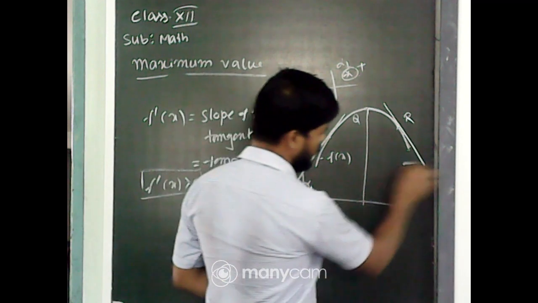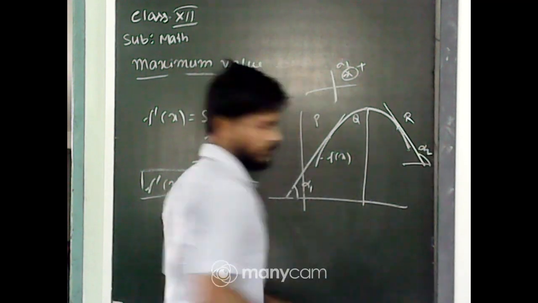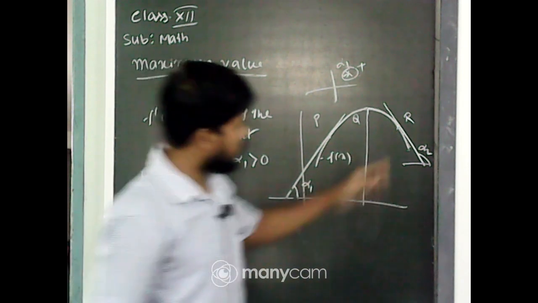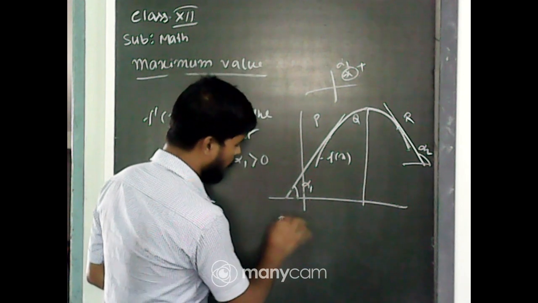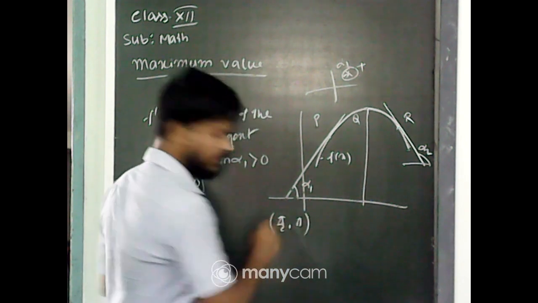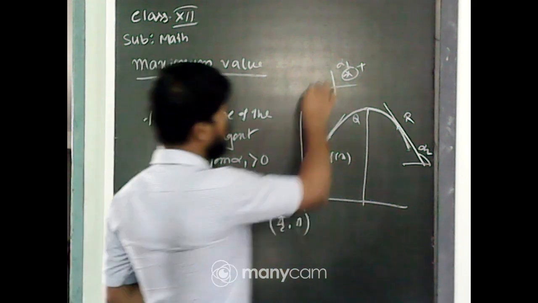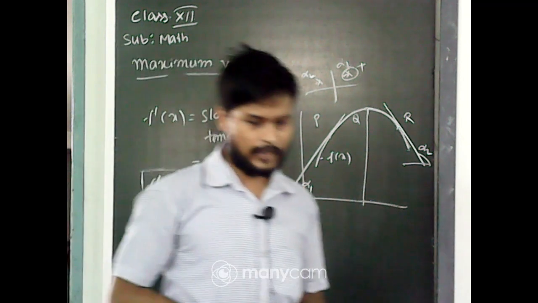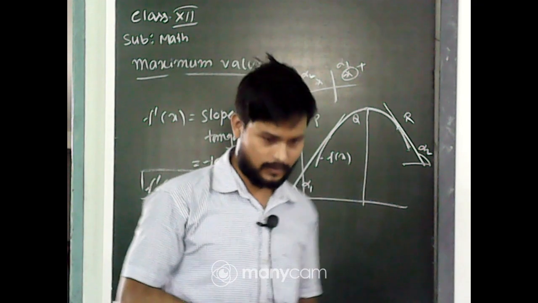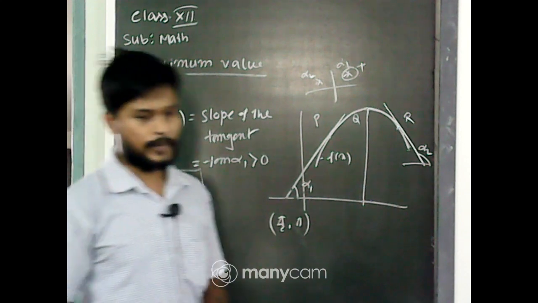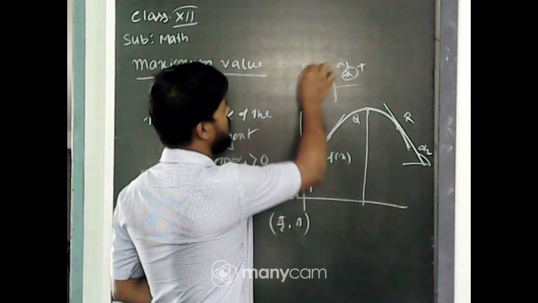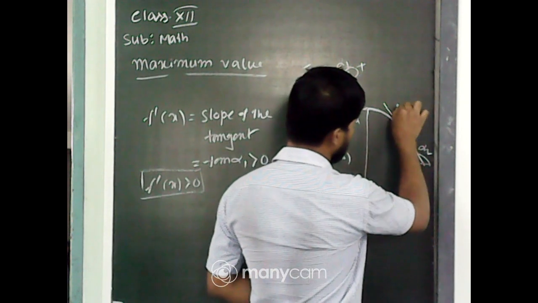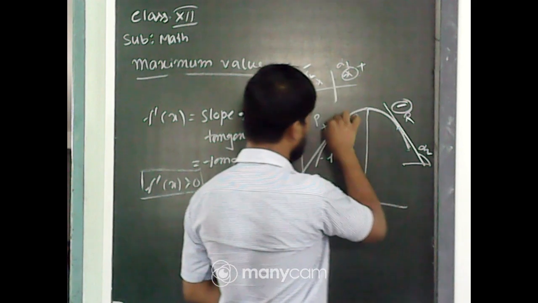The range of alpha 2 will be pi by 2 to pi, so it lies in the second quadrant, and we know that the value of tan alpha in the second quadrant is negative. So in that case f dash x is negative, and here it is positive.